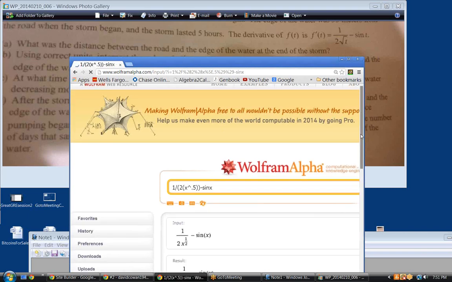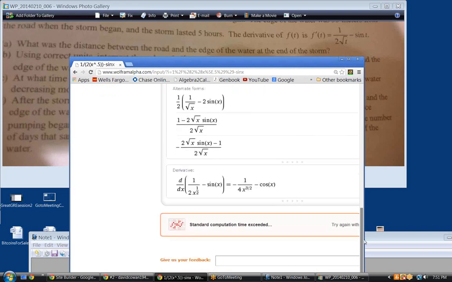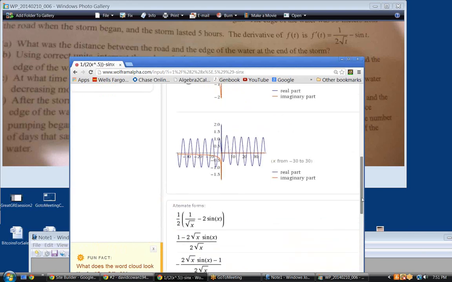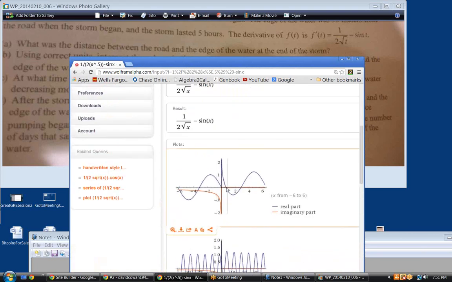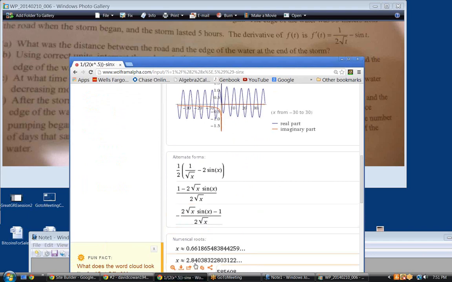And my zeros now are here and here, and that's your numbers, 0.66 and 2.84.